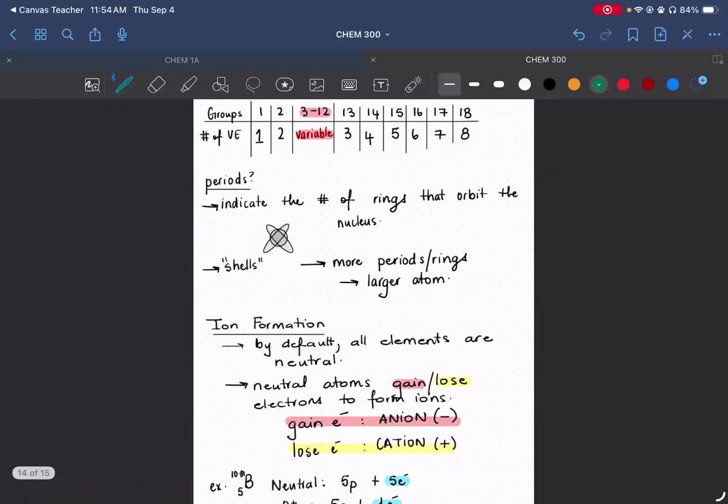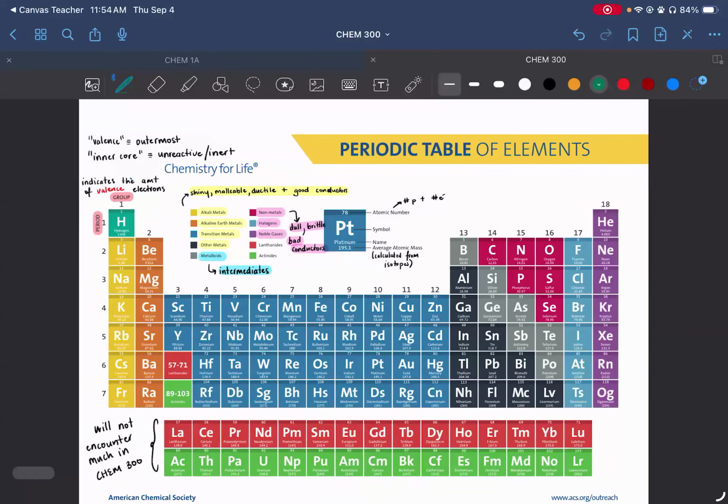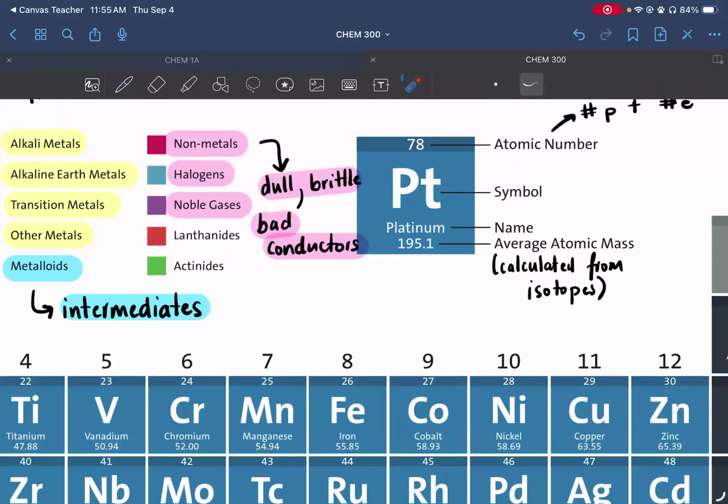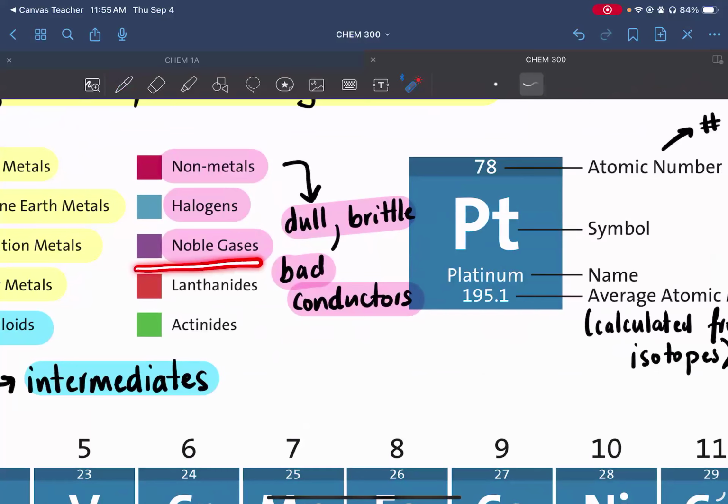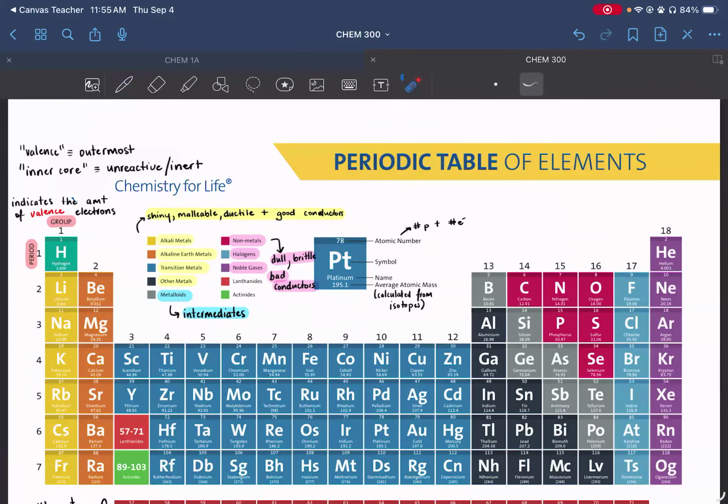If we take a look at our periodic table, group 18 is over here on the far right. It's comprised of helium all the way to radon and oganesson. If we look at our labels, the purple, they're known as noble gases. Group 18 are noble gases.